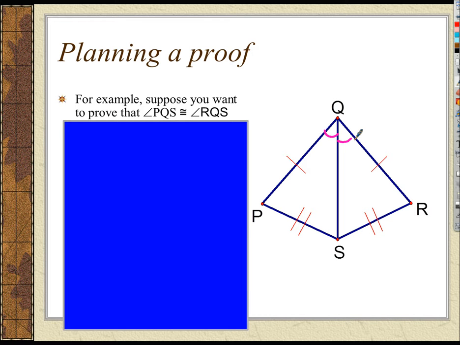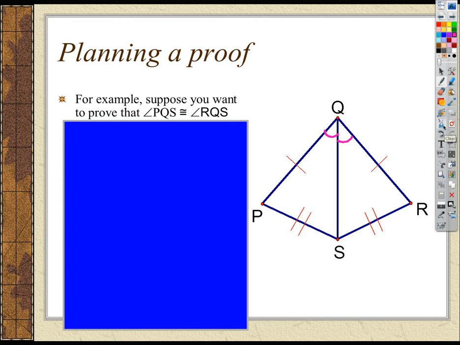Okay? What do you think? Suggestions? How could we go about doing it? Stare at it for a second. See if you come up with something. What do you think? Okay, good.